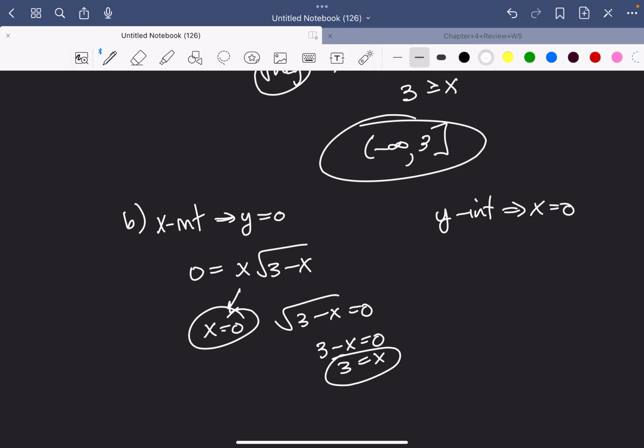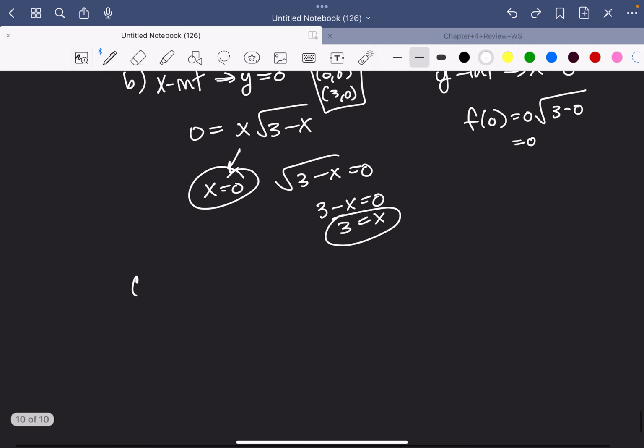So those are our two possible x-intercepts, (0, 0) and (3, 0). Then, if you plug in 0, it should be pretty clear that f of 0 is 0. Square root of 3 minus 0 is 0, and we get that same value that we had over here.